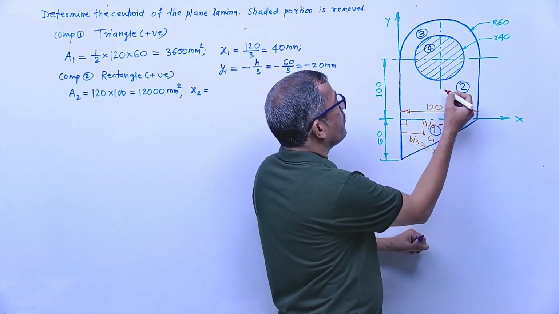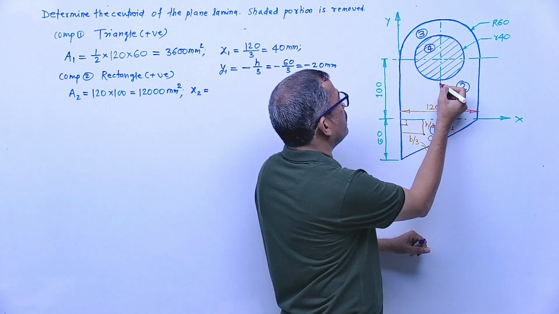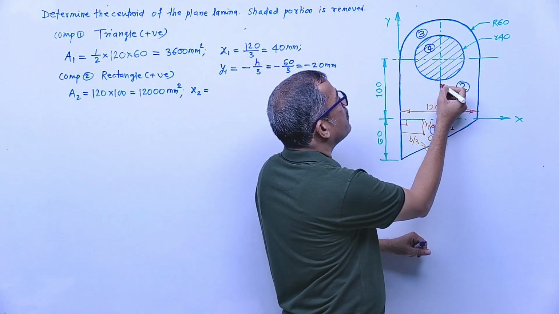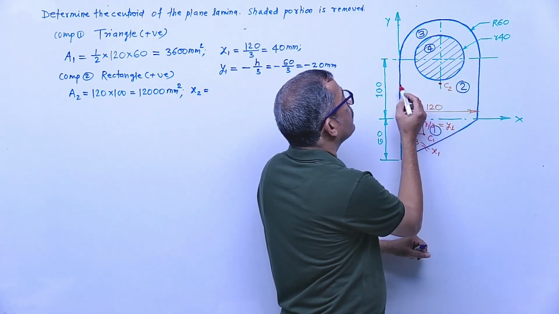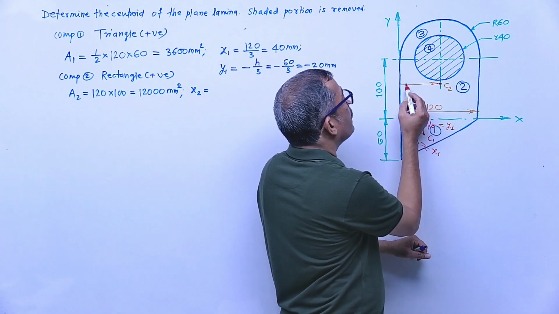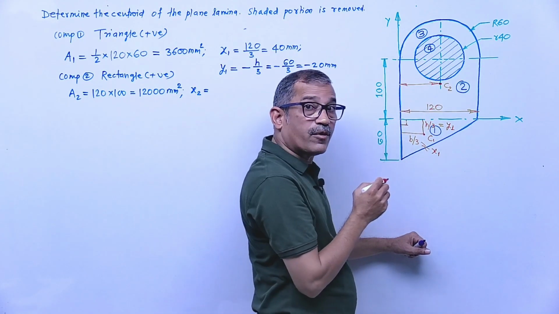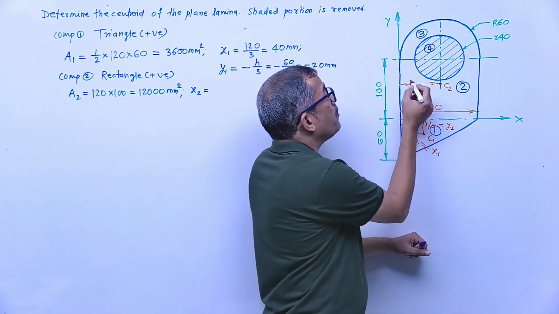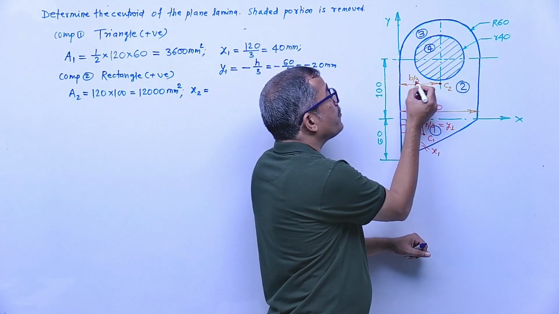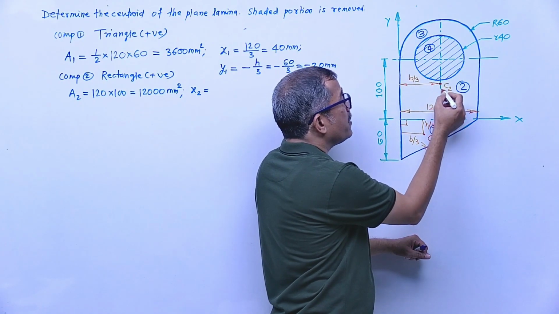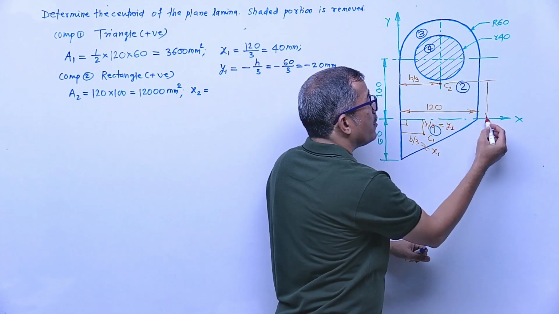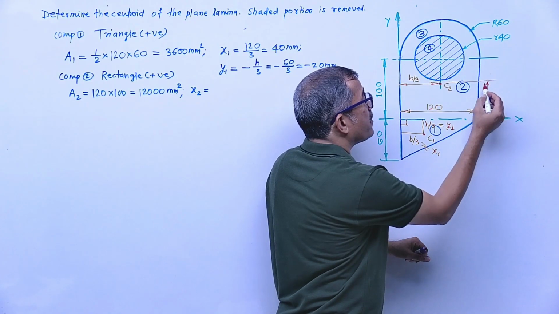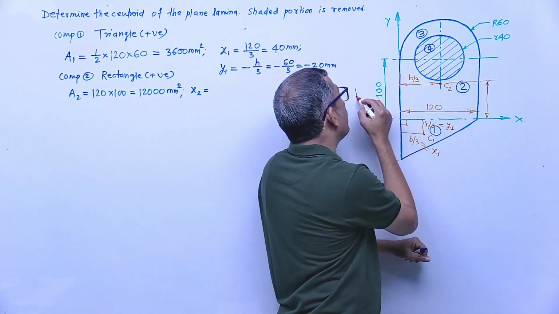Now if I represent the centroid somewhere here, suppose it is C2, then this horizontal distance of the centroid for the rectangular lamina is B by 2, and the vertical distance of the centroid is this one. The vertical distance is always measured from the x-axis. Height is 100, right?